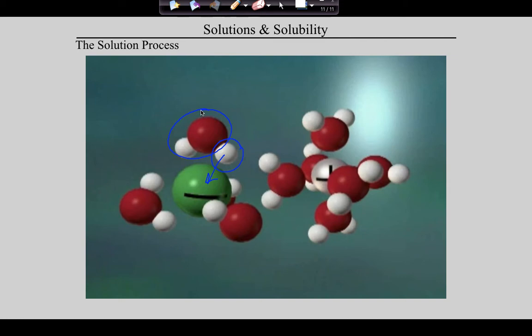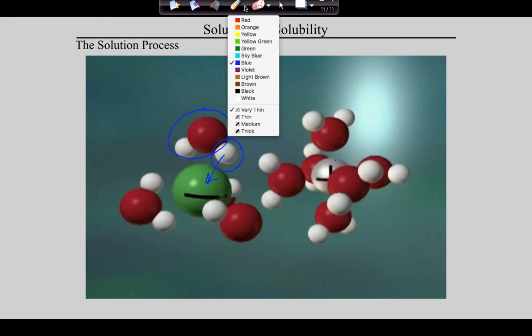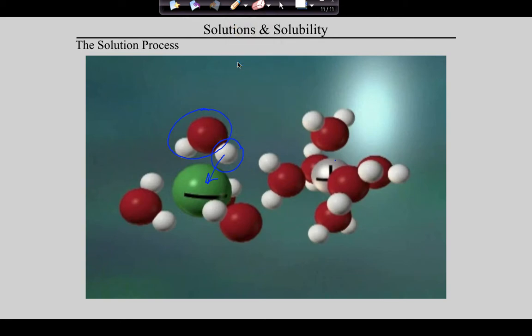Now let's go over here. Guys, what if this is no longer innocent little sodium? What if this is an ion that has the ability to grab a hold of an OH?